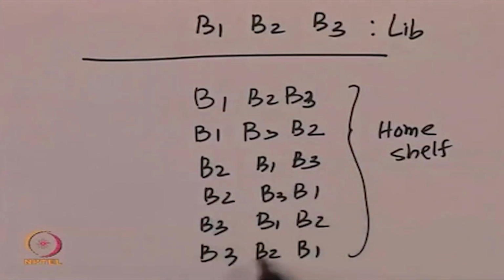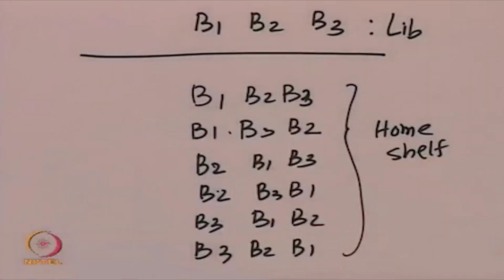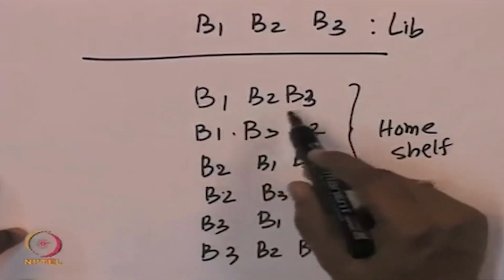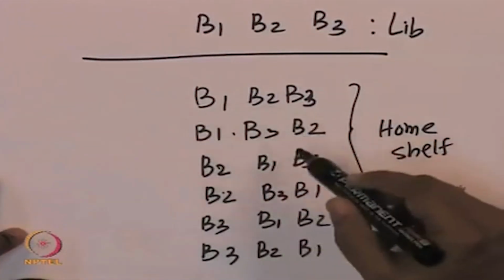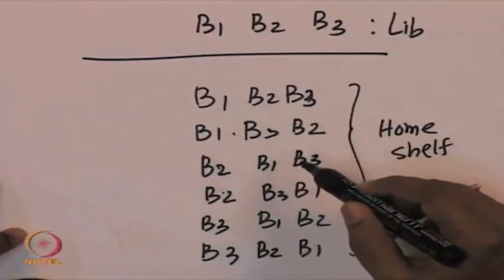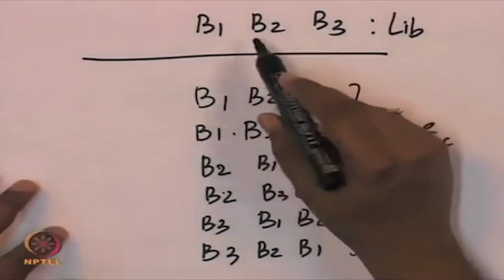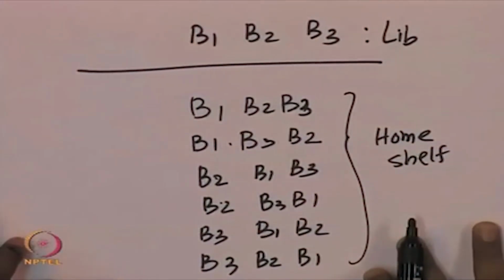So, there are 1, 2, 3, 4, 5, 6 possible arrangements here. Just check carefully, did I forget any arrangement? I think I haven't. In the library it will be one arrangement only every day. Here there are 6 possible arrangements we discussed.